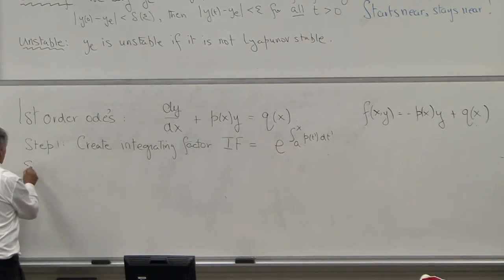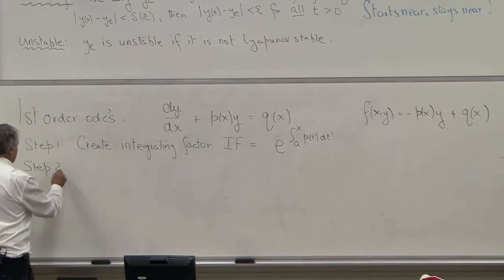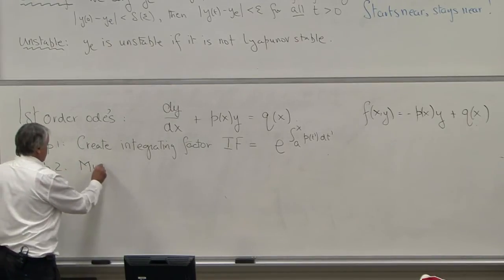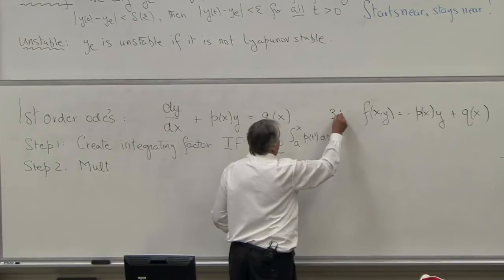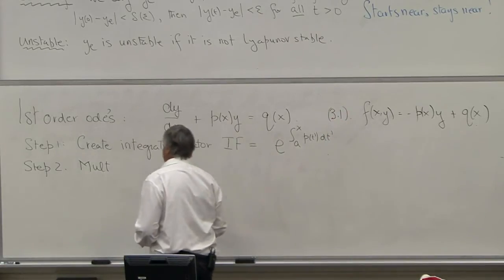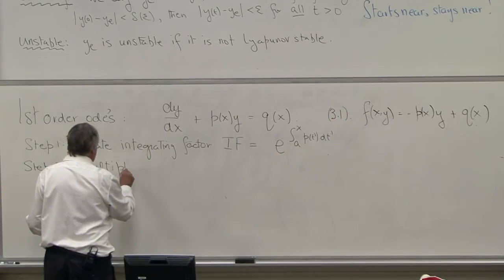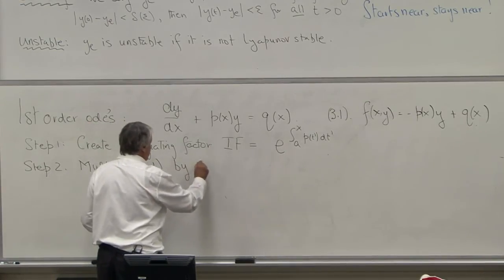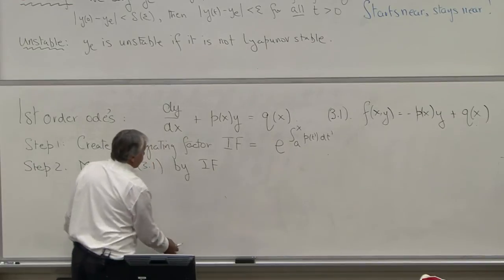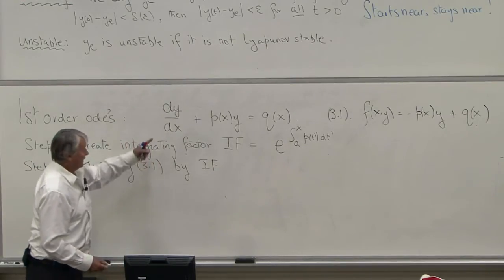Step 2. We multiply, this now is equation 3.1, I believe, we multiply 3.1 by the integrating factor. What will I get?